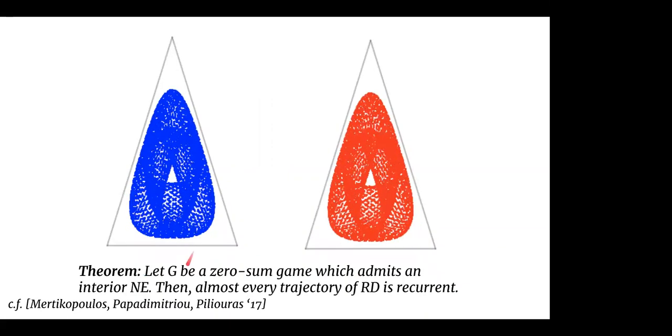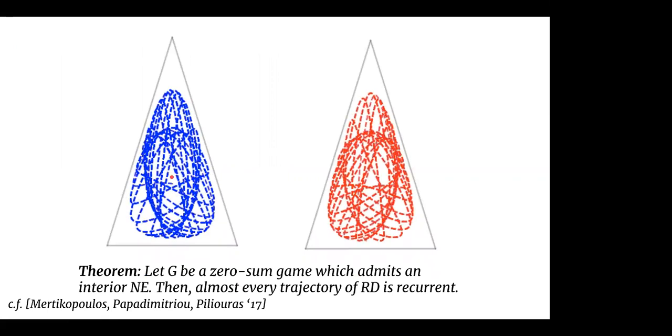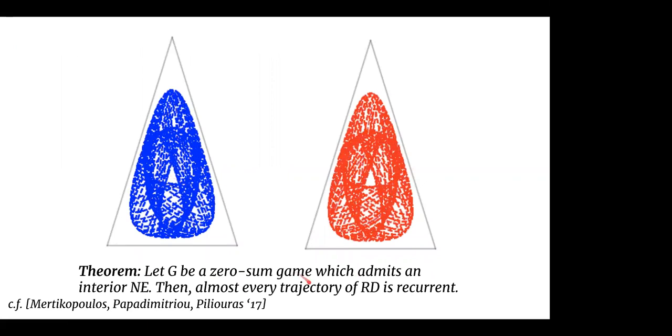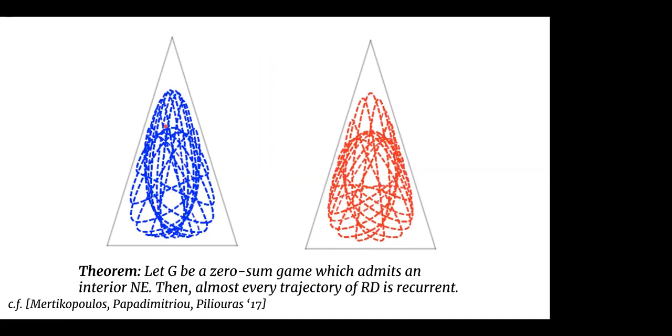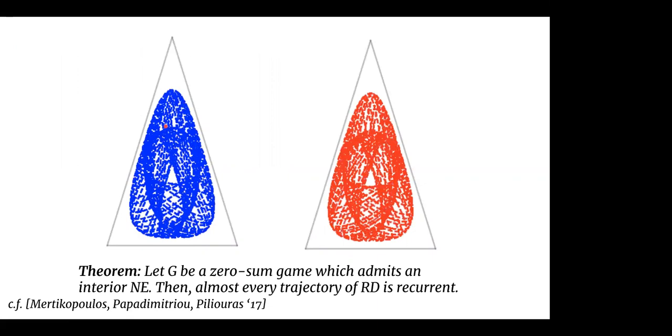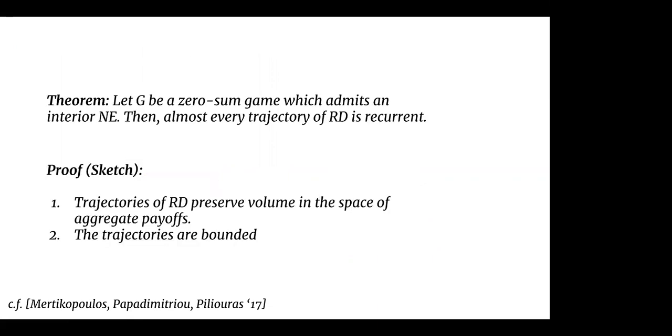And if we take any of these zero-sum games, which has an interior Nash equilibrium like we had here, not only are we not going to reach the Nash equilibrium, but we're always going to see these sorts of recurrent behaviors which are bounded away from the Nash equilibrium. Okay, the way to prove this is actually super interesting. Again, Georges's result, of course. The idea of this proof is to apply Poincaré's recurrence theorem.